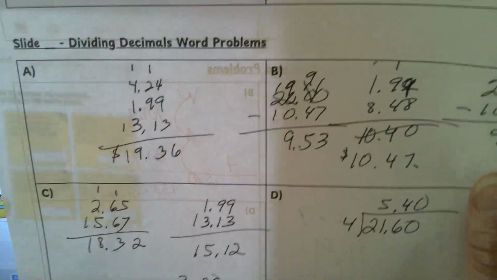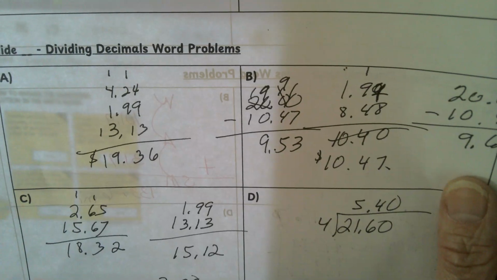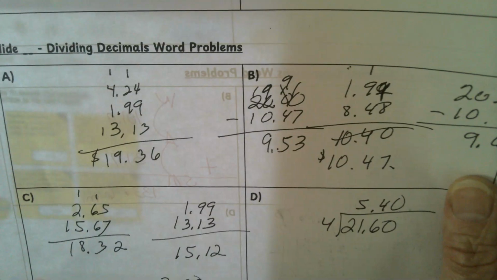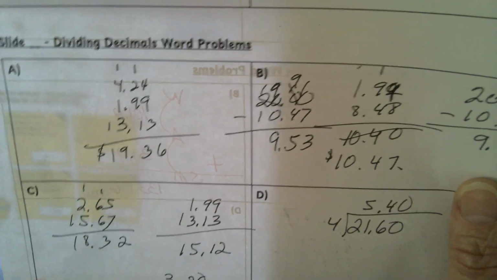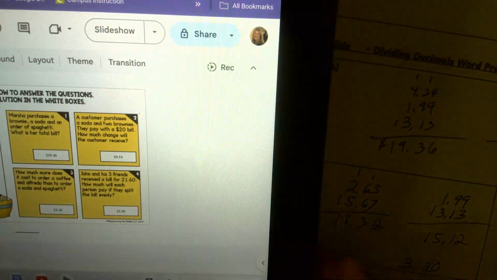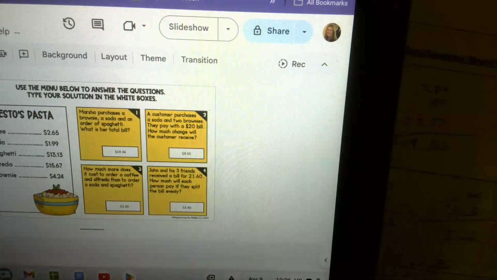All right, when I wrote down the soda, I put down the wrong number earlier. It's $1.99 plus $8.48. That gave me $10.47. So the answer is $9.53. In the next one, how much more does it cost to order a coffee and Alfredo than to order soda and spaghetti?